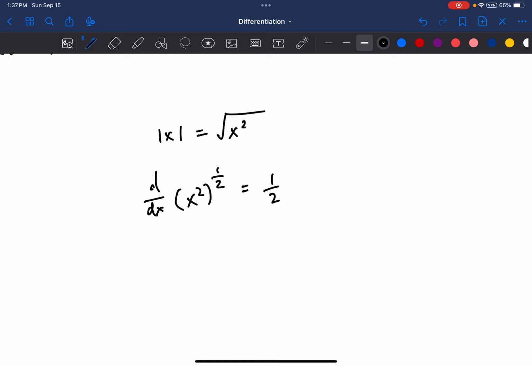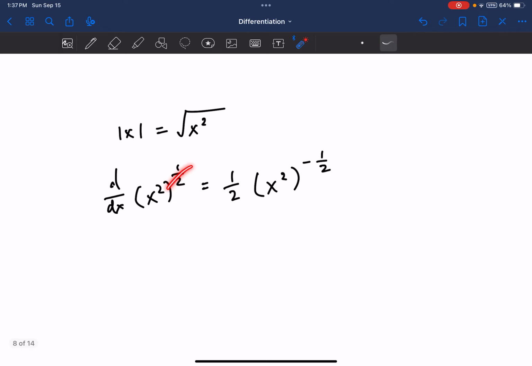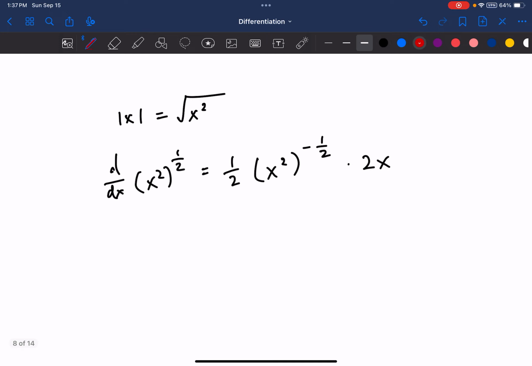So this 1 over 2, and then the back would just be this, and then this was minus 1. And if you remember chain rule, I differentiate this, now I just have to do the inside part, and this would be times 2x.